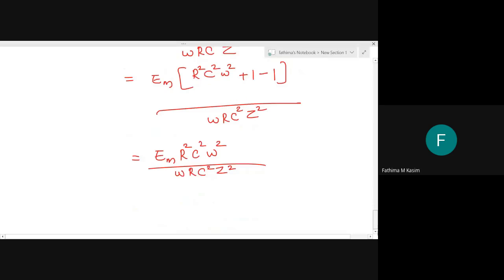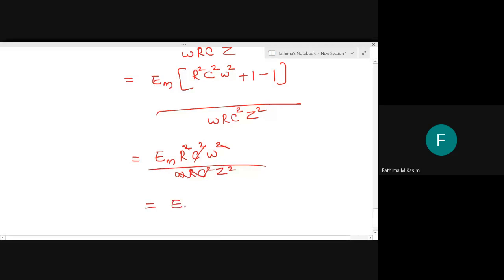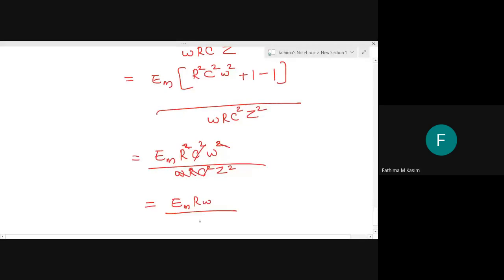So we can cancel this omega and C square and one R. So our expression becomes Em R omega divided by Z square. So this is our C. So we have got C now.